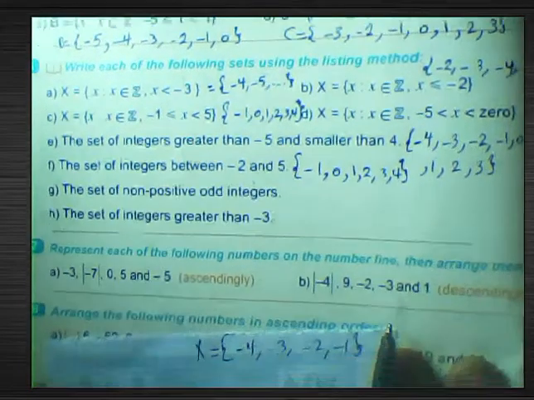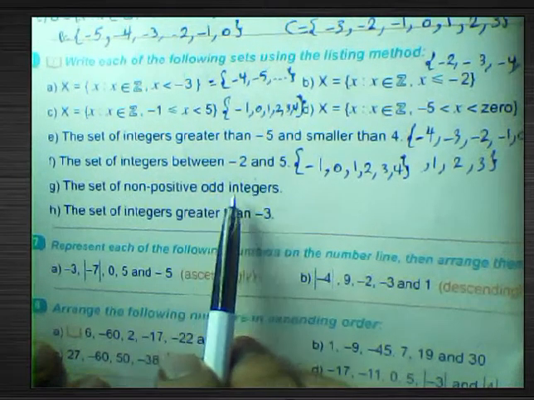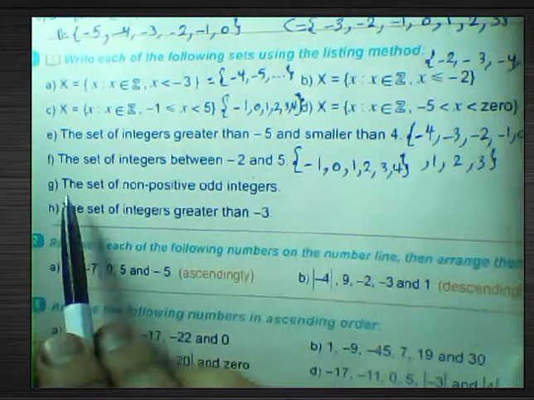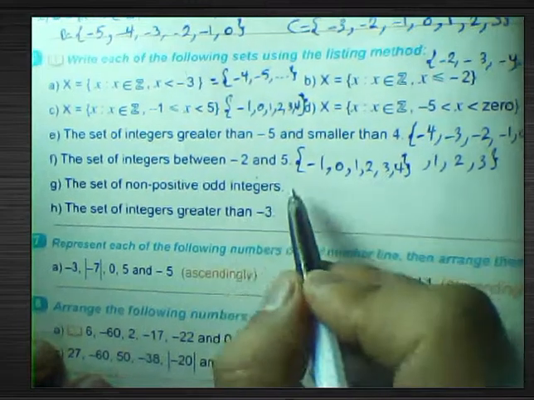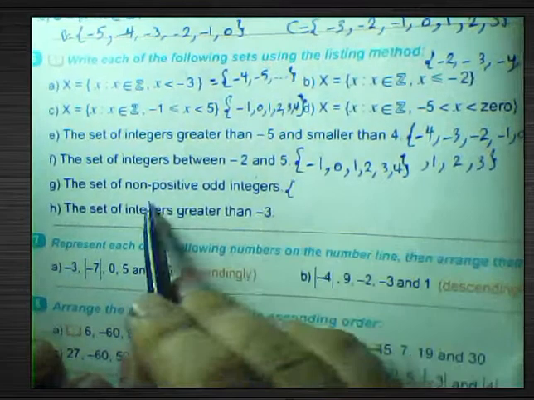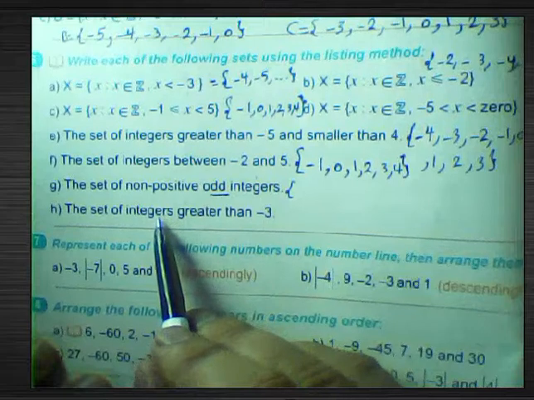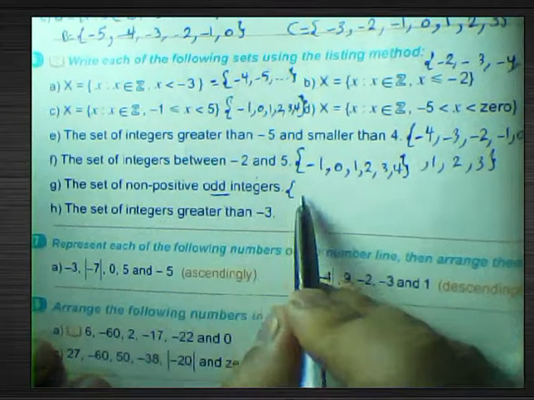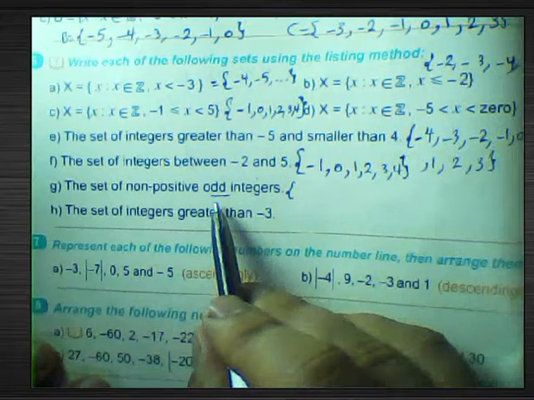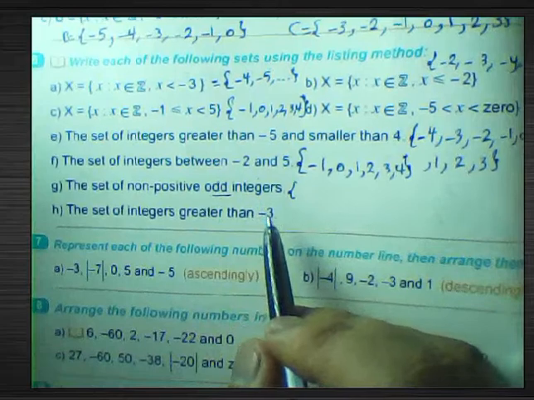Question G. The set of non-positive odd integers. Non-positive means it will be negative. Okay, don't write 0 because 0 is not odd, and you want odd integers. 0 is even, don't write 0.